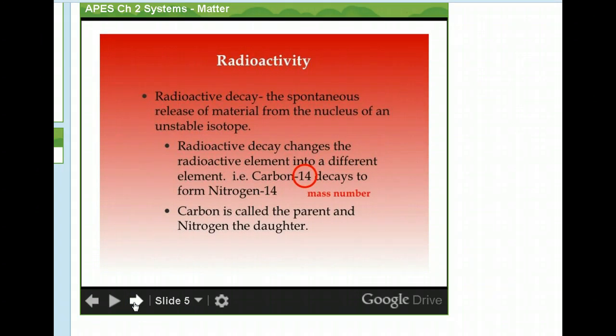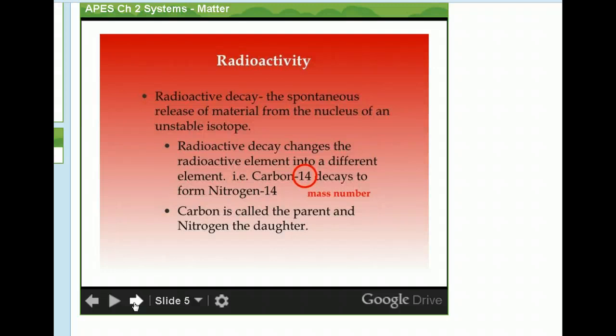In this course, we're going to talk about radioactivity in several ways. One way would be for looking at nuclear energy, but in this chapter, we're really talking about radioactivity and what happens when naturally occurring isotopes decay into other isotopes and the time it takes to do that.